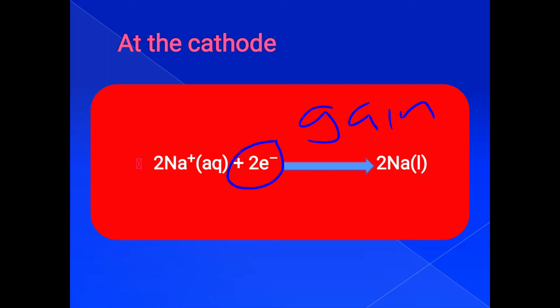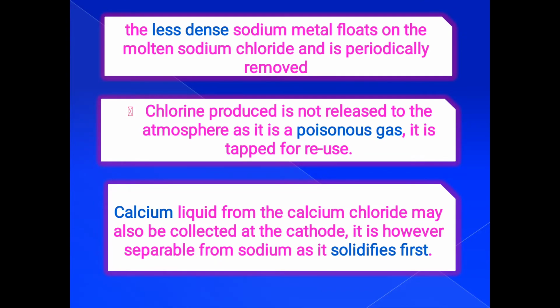You need to note that in this case it is in liquid form. This is because the temperatures are still very high in the Downs cell, which makes sodium remain in a molten state.